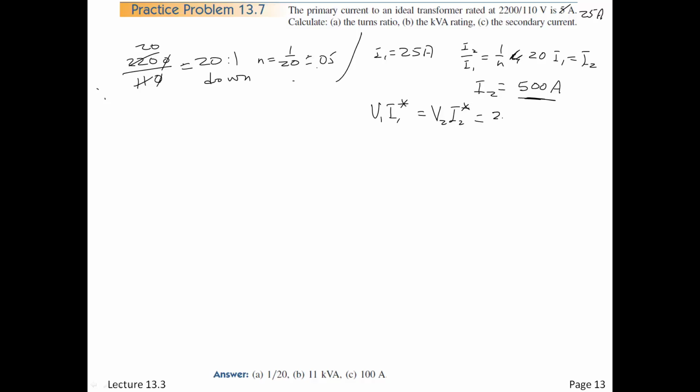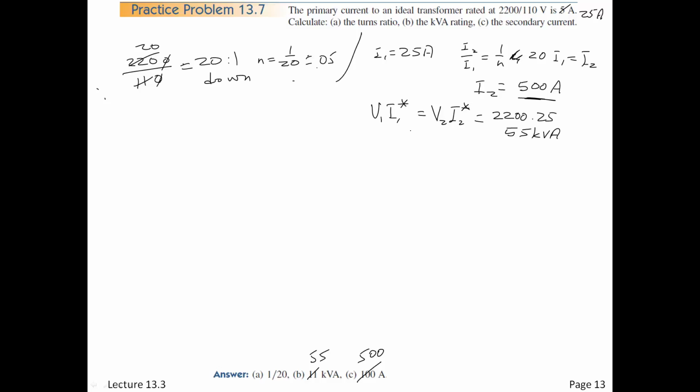On the input side, you got 2200 times 25, which is going to be 55 kVA. Okay, so this is 5 times what we had before, so we're going to expect this to be 500. And we've already found the secondary current, so here we have it. Let's just check. Of course, it's going to work because we only divided by n, or multiplied by n.